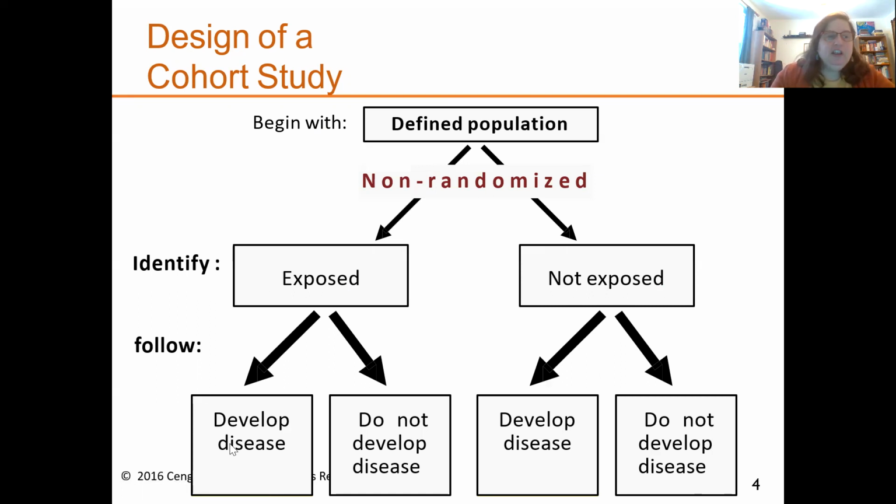Then we're going to look at people who develop coronary heart disease or not. We're choosing them at the point before the disease onset, so we're going to have to wait and see who develops the disease and who does not in both groups.